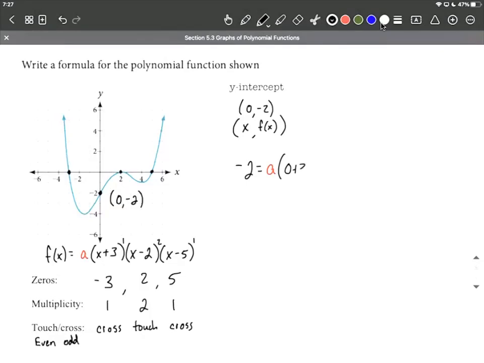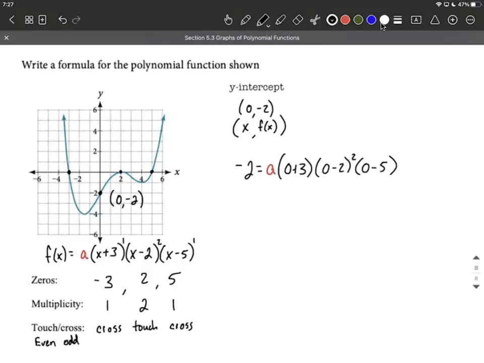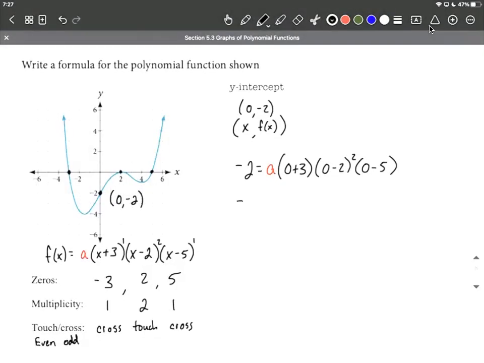So 0 plus 3, 0 minus 2, that quantity squared, and 0 minus 5, still raised to the first power. I dropped those exponents of 1, though, because it doesn't mean a whole lot. We usually don't write them. All right, from here, we now have a and a bunch of numbers, so we just need to solve for a. We have 3. 0 minus 2 is -2 squared, it becomes 4.